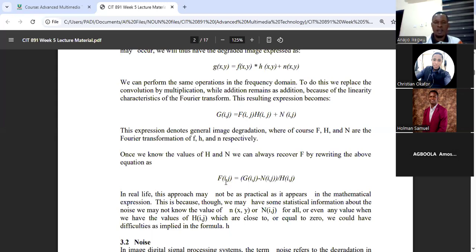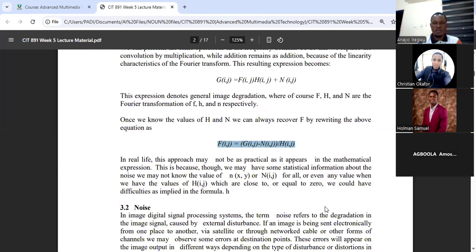You have f of the two coordinates i, j. Then when you transform it, you have all of these equations, as you can see on the screen. So let's progress so that you may get to understand it more.